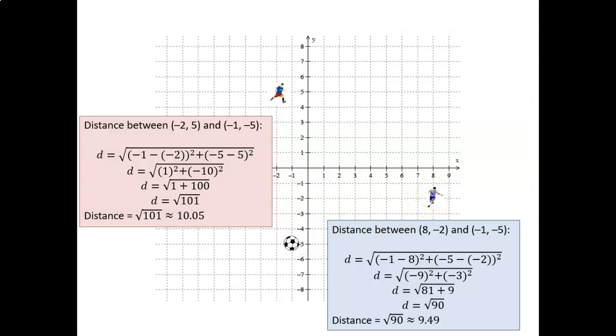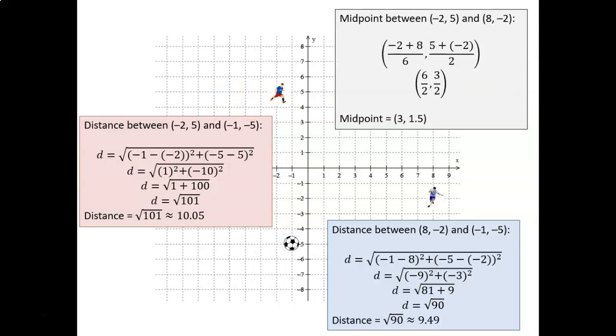Okay, now what if we want to make it fair and put the ball so it's the same distance away from both soccer players? In fact, why don't we just move it right in the middle between them? Where would that put it if we want the soccer ball to be right in between these two guys? Well, for that, we would use the midpoint formula. We would be looking for the midpoint halfway between 8, negative 2 and negative 2, 5.